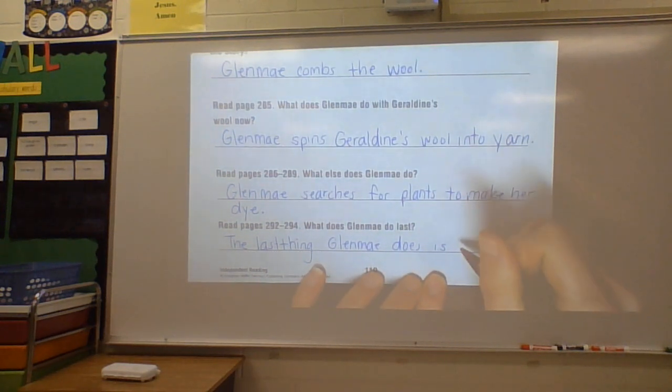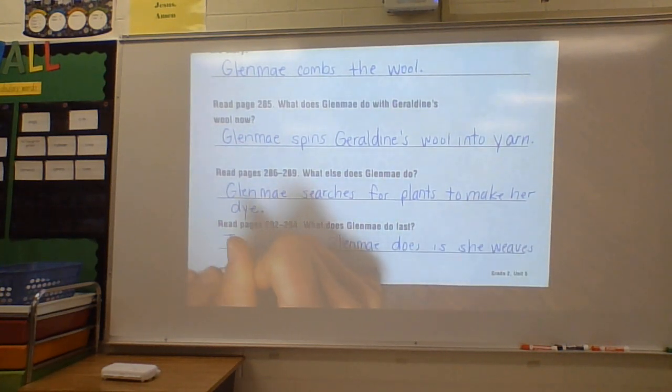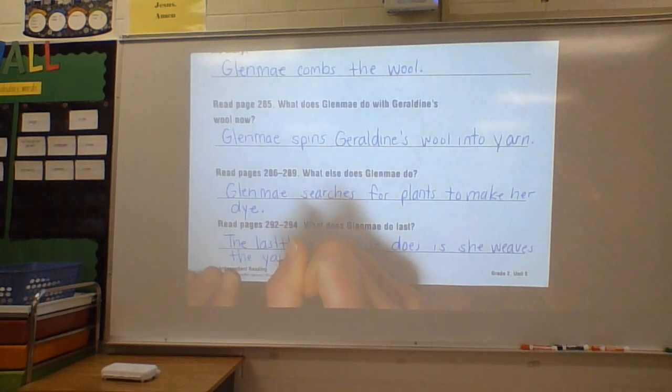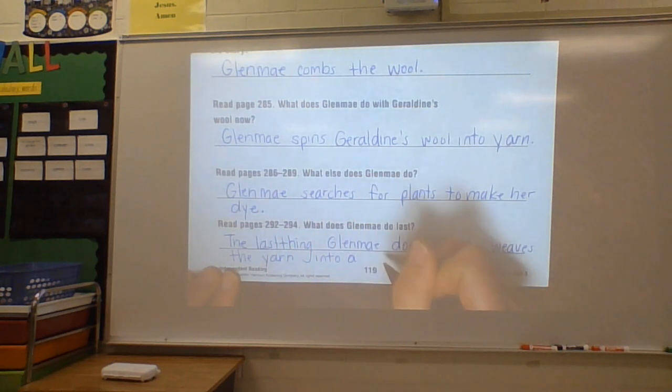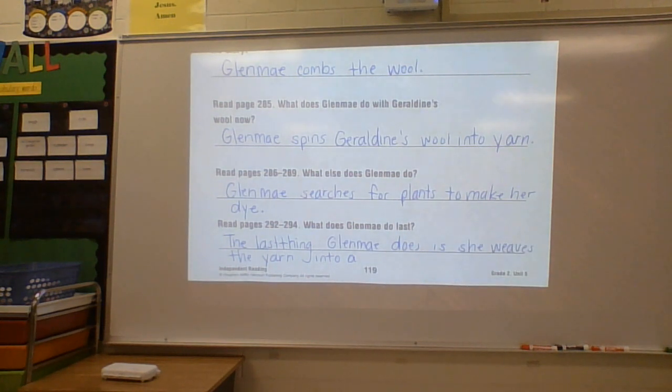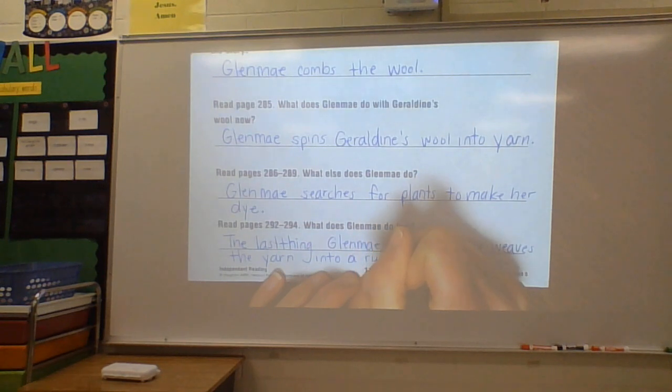The last thing Glen May does is she weaves the yarn into, if you remember what she makes with Geraldine's wool, a rug.